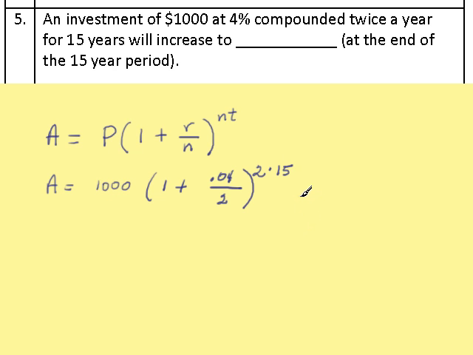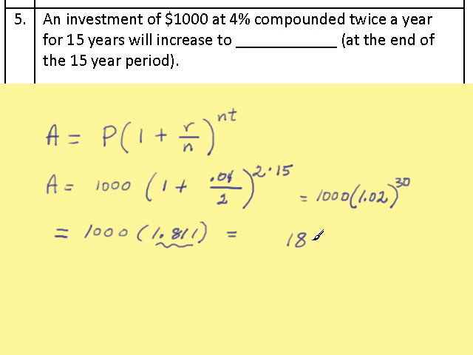So we're looking at 1,000 times, this is 0.02, so 1 plus 0.02, that's 1.02 to the 30. We'll use our calculator to evaluate this. So 1.02 to the 30 is approximately 1.811 multiplied by 1,000, and we have $1,811 after 15 years.